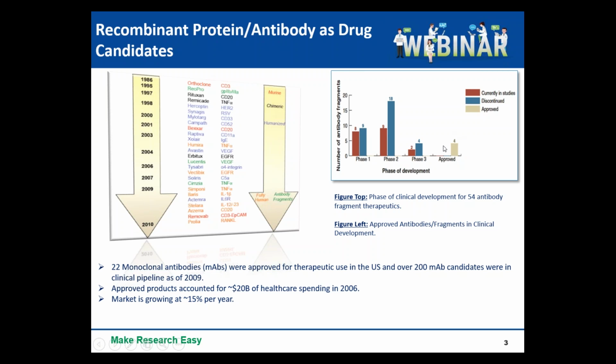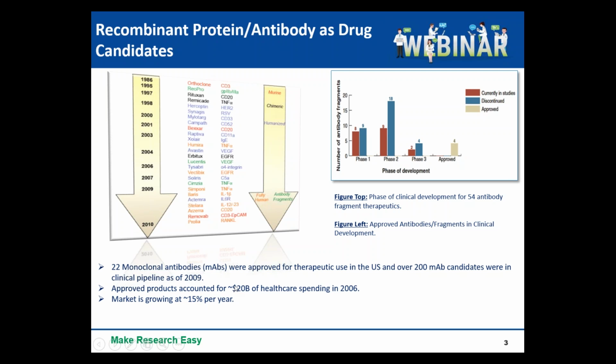And if you look at the image on the right-hand side, it shows the number of approved antibodies or fragments in the different phases of clinical development for 54 antibody fragment therapeutics. The red ones are the ones that are currently studied, and the bluish gray bars are the discontinued molecules, and the yellowish creamish bars are the approved molecules.